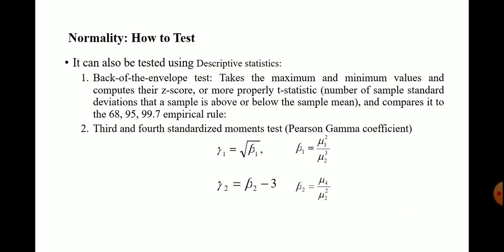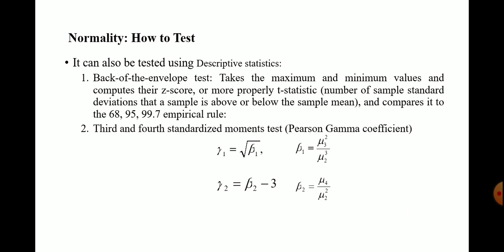It is equal to beta 2 minus 3, where beta 2 is equal to the fourth moment divided by the second moment squared. Then if the coefficient gamma 1 is equal to 0 and the gamma 2 coefficient is 3, then you will have a mesokurtic curve, or exactly normal curve.